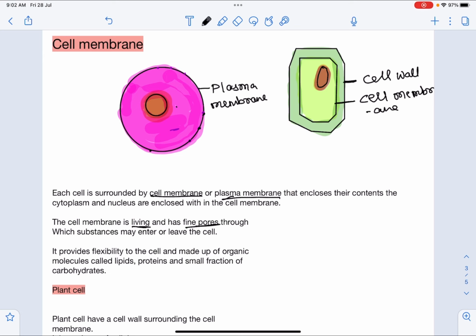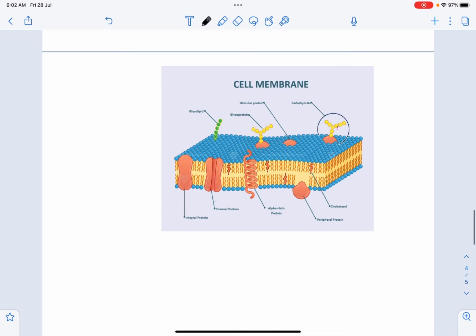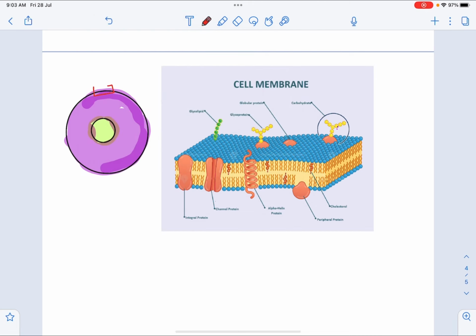The cell membrane is mainly composed of lipids and proteins. If we see this part under the microscope, how will the arrangement of the cell membrane be?